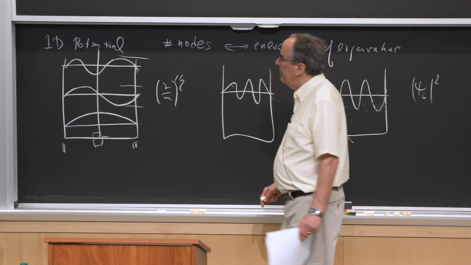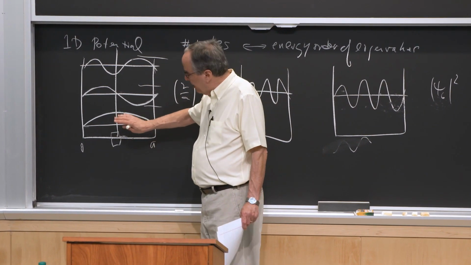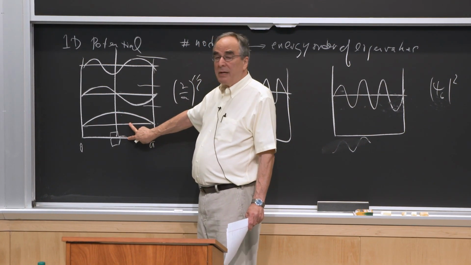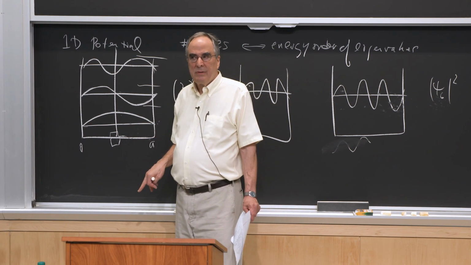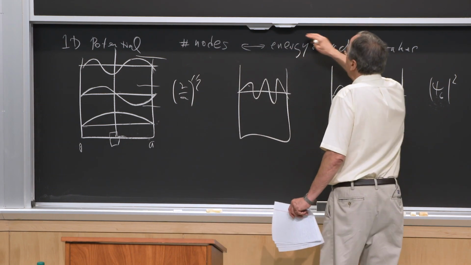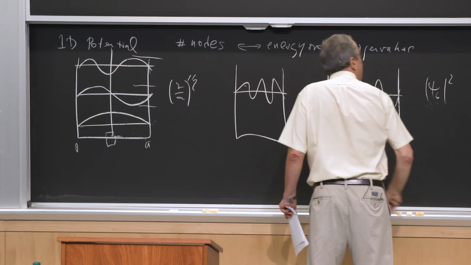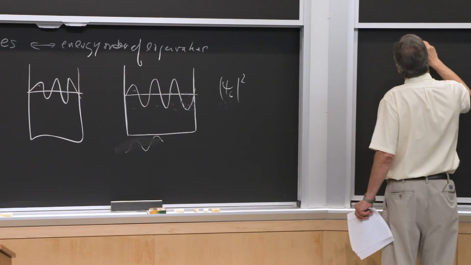Okay, another thing. This harmonic oscillator, this particle in a box, has a minimum energy which is not at the bottom of the box. Well, we have something called the uncertainty principle.